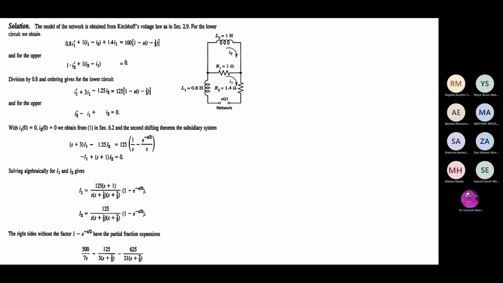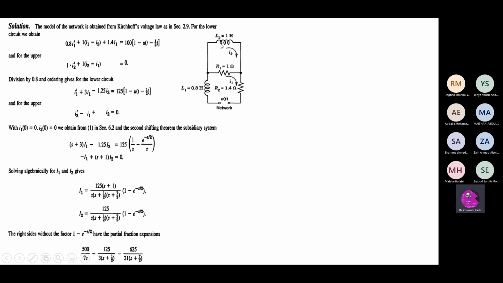It is direct current. How do I write the input? The input is 100, and I leave it 100 if it works forever. But if it is switched off after half a second, I have to cut the 100 at time half a second, so I multiply the 100 by u of t minus half.